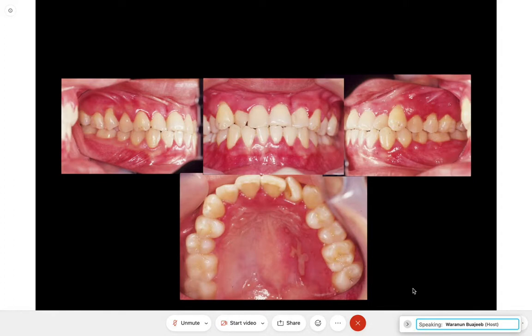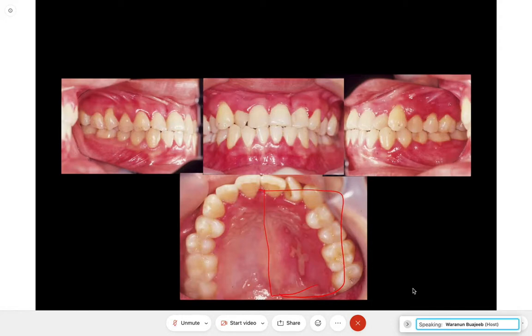But what I would like you to notice is that if you see a lesion only on one side, do you doubt whether it can be herpes zoster? Is it possible?